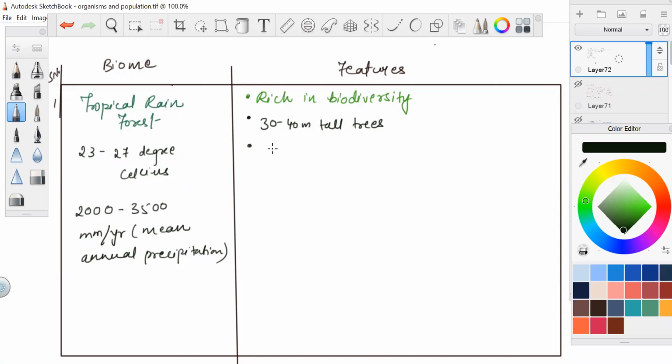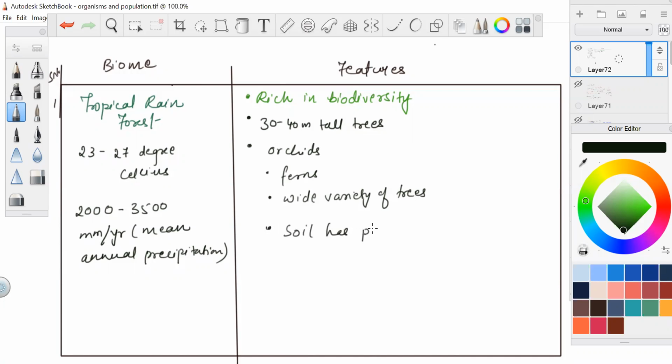You will here see rich in biodiversity of any biomes. So here you will see a lot of orchids, ferns, and a wide variety of trees. Here the soil has poor nutrient.